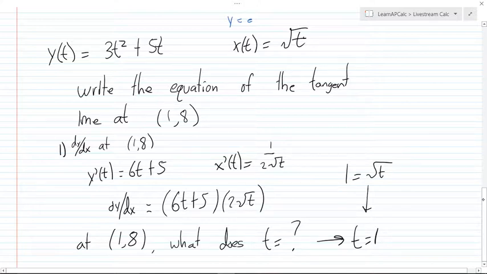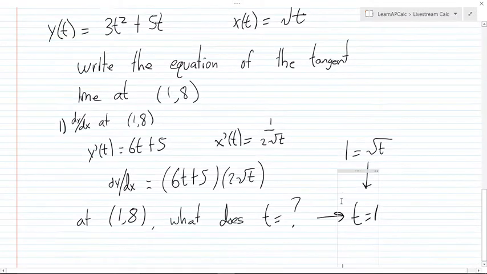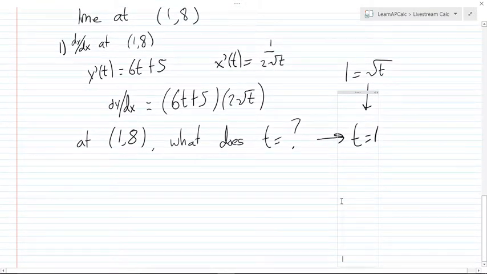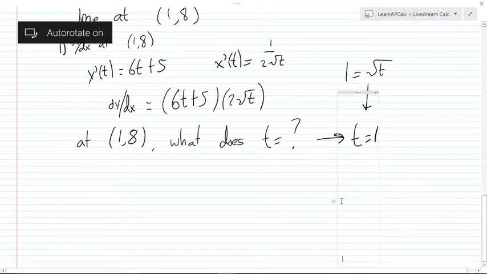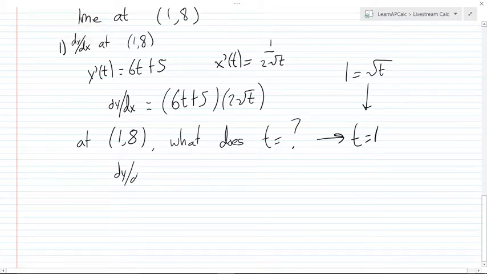Alright, so I can now plug that into our derivative. That equals 11 times 2, 22.